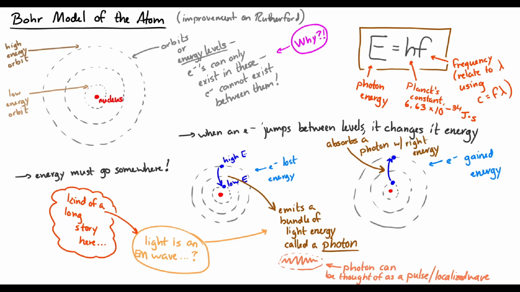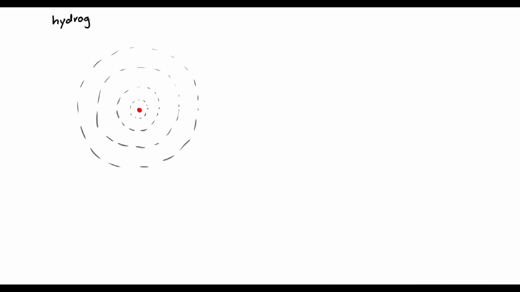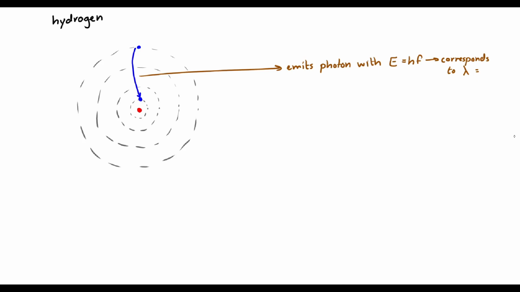And the idea is that, for example, in hydrogen, the energy levels are just at the right points, where if an electron jumps from an upper level to a lower level, it will emit a photon with an energy and a frequency and a wavelength that corresponds exactly to one of the lines seen in the spectrum.